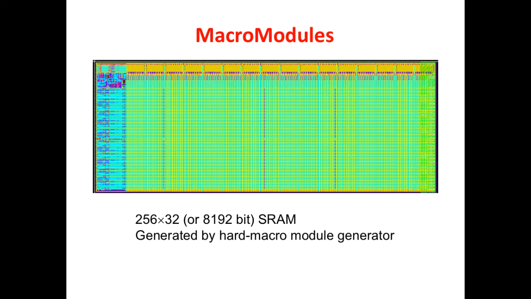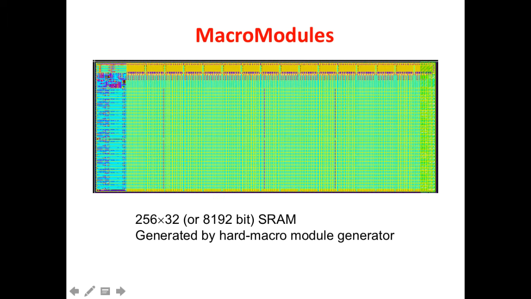Just as an example of macro modules, you can have, for example, an SRAM. This is an SRAM block of 8K bit. Right, you can recognize the modularity. Of course, a memory block is extremely regular.